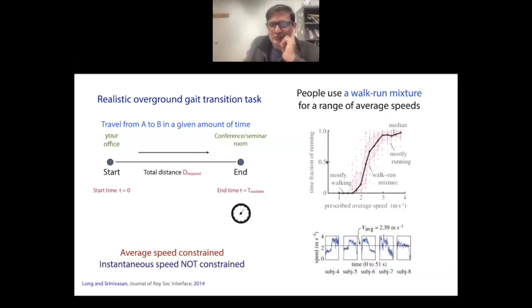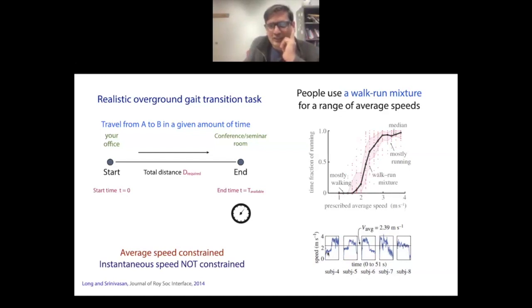So the time fraction of running is 0. If you give them very little time, they just run. Time fraction of running is 1. If you give them an intermediate amount of time, people use something in between. It's not that some people walk all the way, some people run all the way. Rather, pretty much everyone walks for a while and runs for a while. Like 8 out of 10 people walk for a while and run for a while.